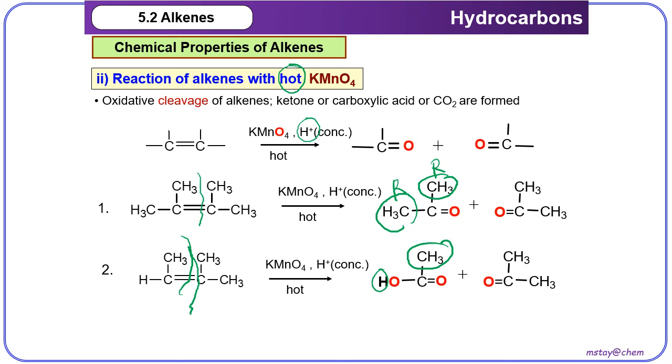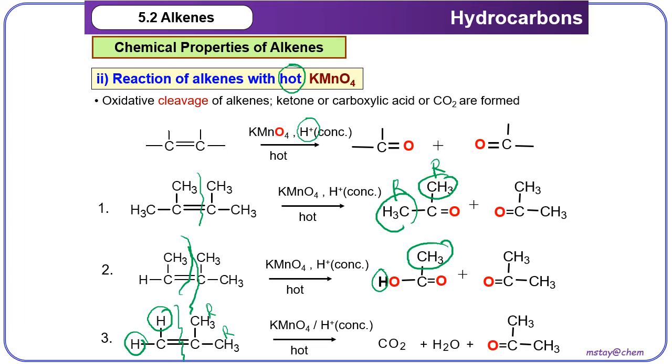That means we have two places where we need to add the oxygen: one next to the hydrogen and one at the double bond. Then the third example over here, we also break the double bond, but you will notice here we have two hydrogens, and for this one is an alkyl group, so we definitely just need to add oxygen at the double bond.